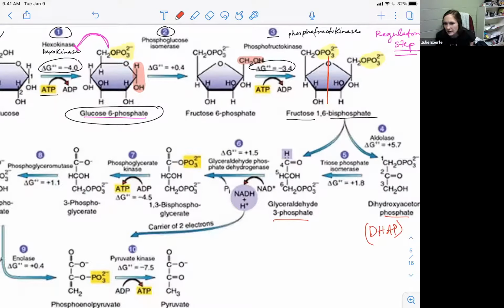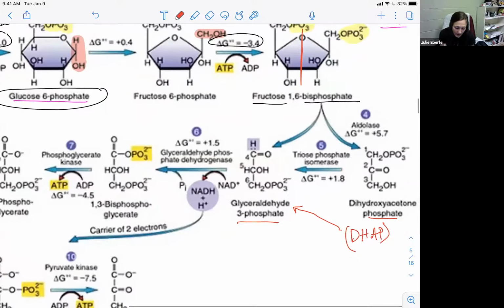Dihydroxyacetone phosphate is simply converted to glyceraldehyde 3-phosphate, okay? So you get this aldolase enzyme that runs this reaction, and it splits the fructose 1,6 bisphosphate into 2 products. And then triose phosphate isomerase is the enzyme that simply takes DHAP and converts it to glyceraldehyde 3-phosphate, okay? If you look at these 2 molecules, they're really not that different.